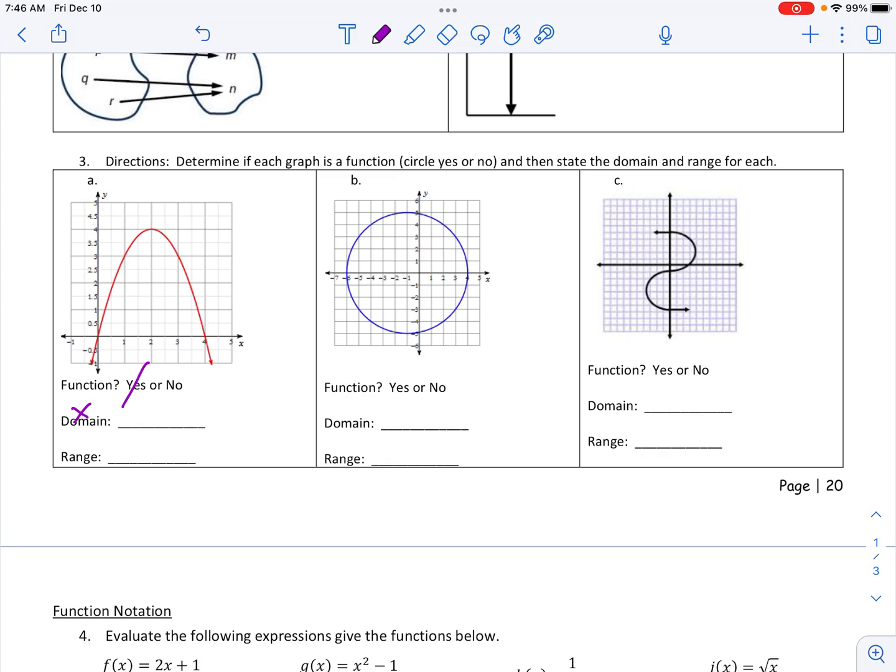Now the thing about this graph is, just like we did with the inequality work the other day, that as you can see, we have arrows, and this graph continues to open down, and it also continues to open out to the left to the negatives forever. So this graph is going to start way out there at negative infinity.